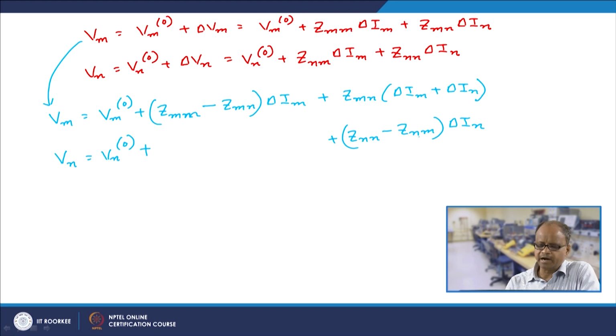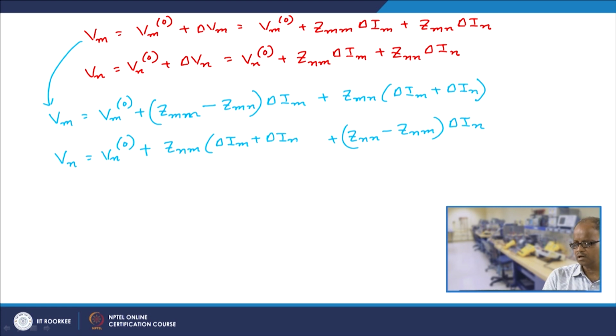Therefore, I have to add this Znm into delta In to make this consistent. So, if we do that, we have got Znm into delta Im plus delta In. So, this is the equation.